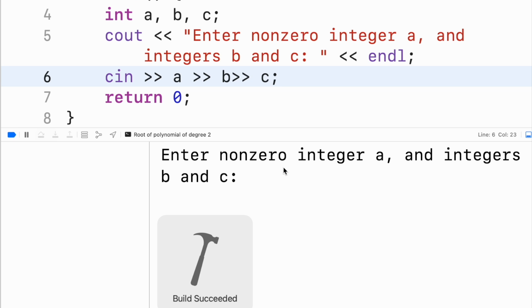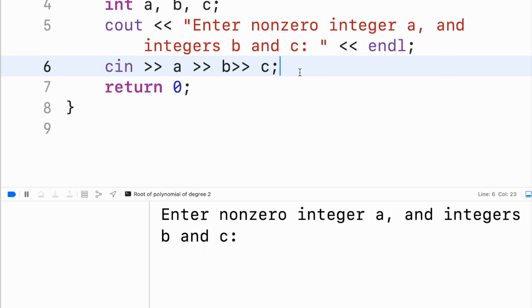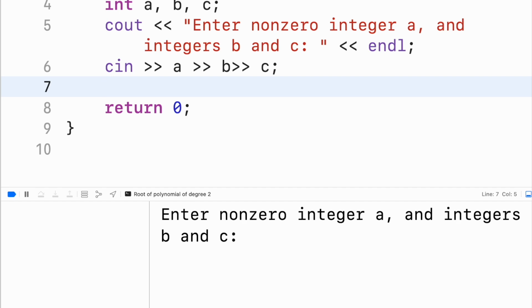So we run it. It asks us to enter three integers a, b, and c. Now we want to see how is our polynomial.